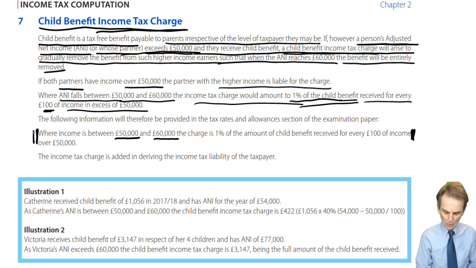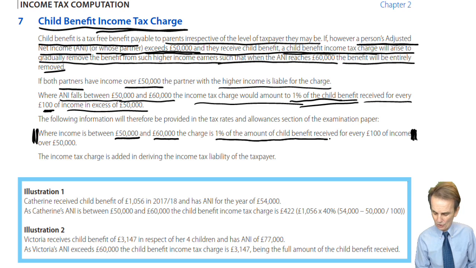If I take you back to what's provided on your rates and allowances, that information is given to you. Where income is between 50 and 60, the charge is 1% of the amount of the child benefit received for every £100 of income over £50,000.